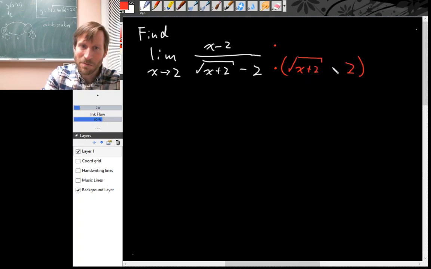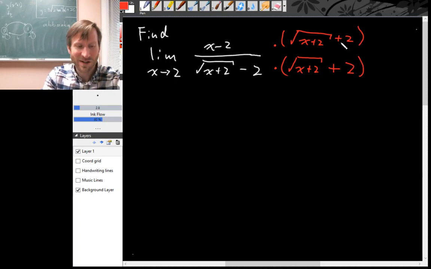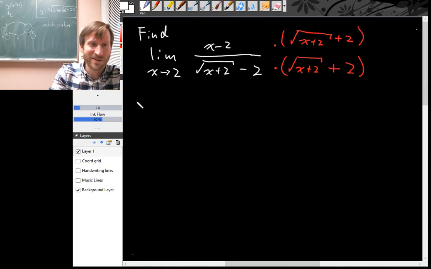But instead of a minus in the middle, we'll put a plus. And then we have to do that in the numerator as well. Square root of x plus 2 plus 2. If you haven't seen this trick before, it seems sort of weird to put a plus here, but you'll see in a second why that works.